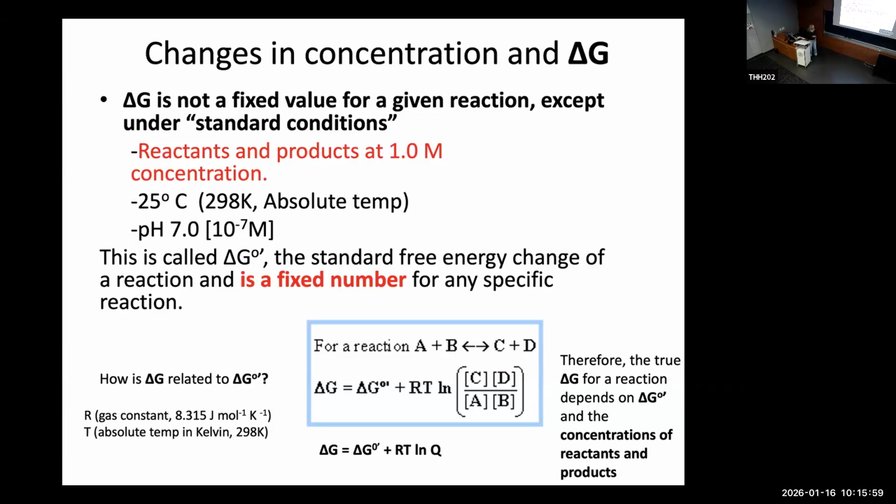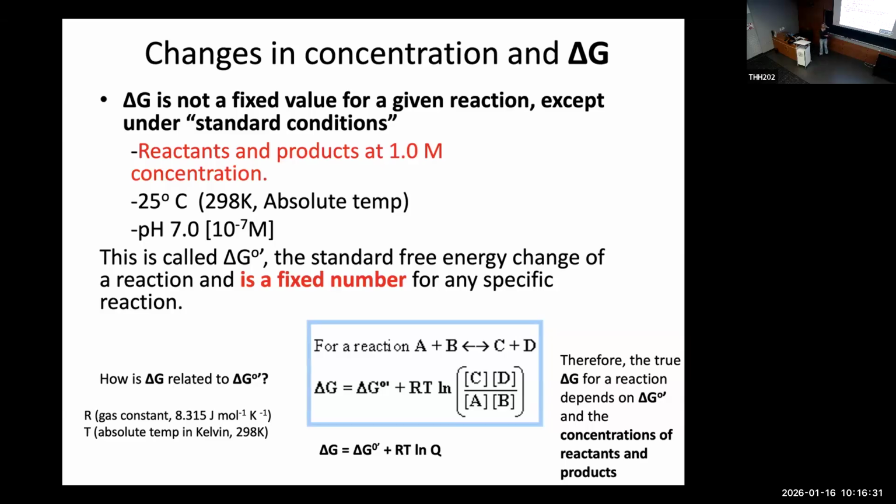All right, so this relates delta G, which we know can change, just said it can change, to a delta G naught prime for a reaction. And it allows you to vary the concentrations of products and reactants that are present currently. And so that changes the delta G value depending on current concentration. R is a gas constant that will not change, and temperature can potentially change.